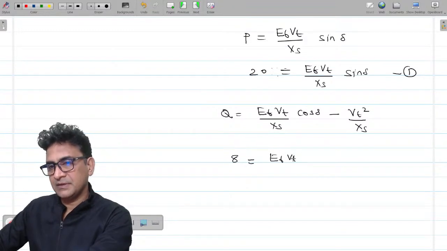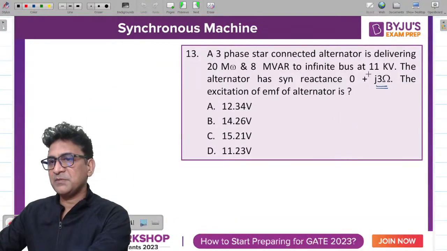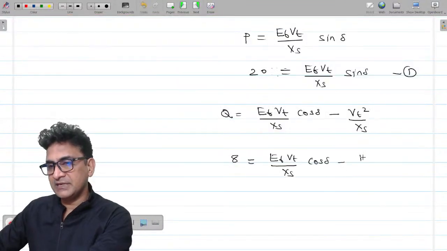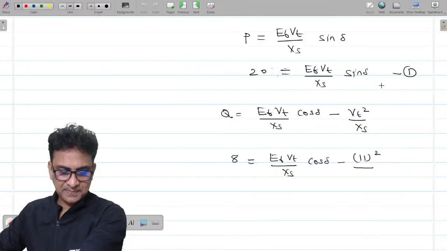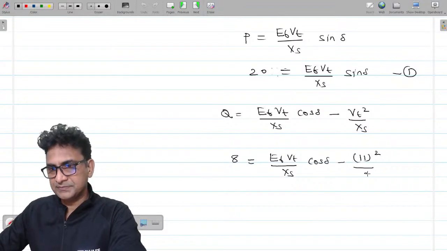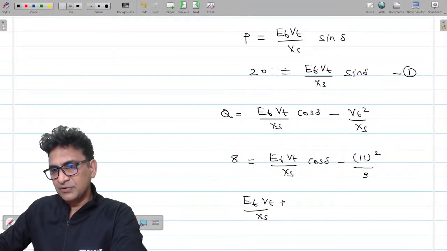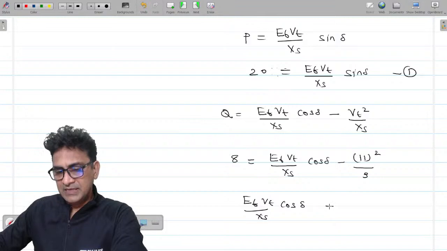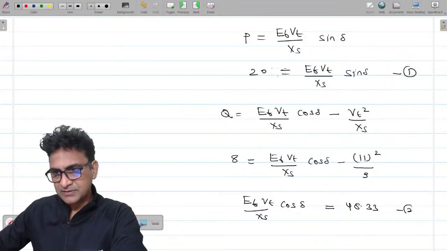VT is the terminal voltage. It is given. The terminal voltage is 11 kV. If I use the line voltage directly, I am getting the three-phase reactive power. XS is given. It is 3. So from this equation, I can find out the value of EF VT by XS into cos delta. If you compute, it will come 48.33. This is equation number 2.